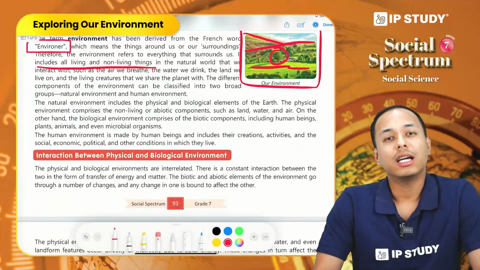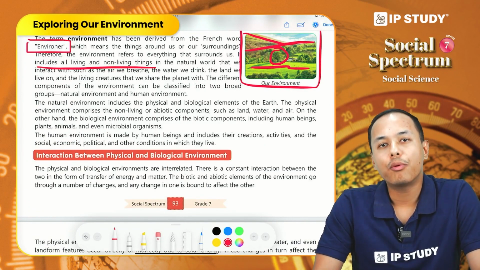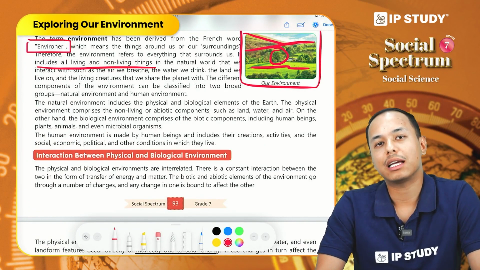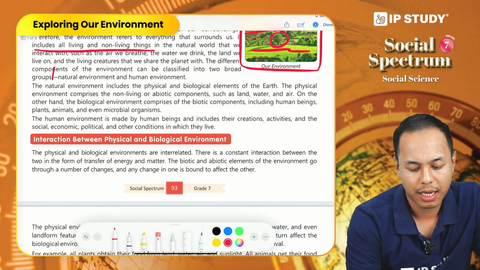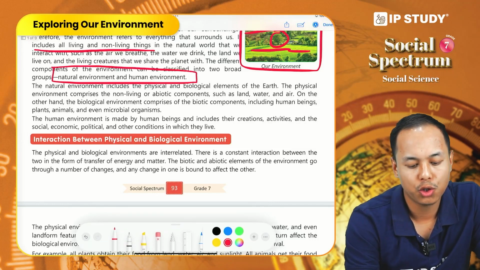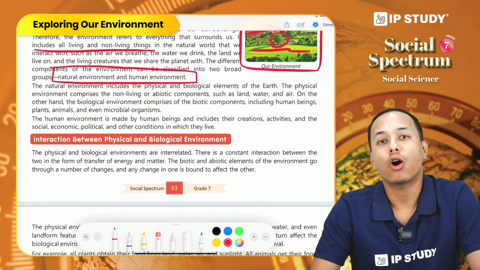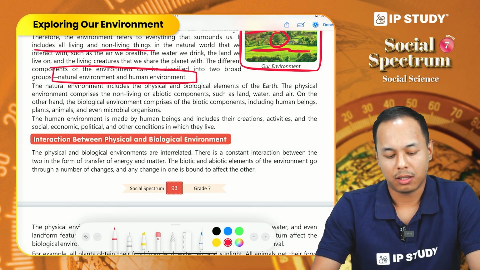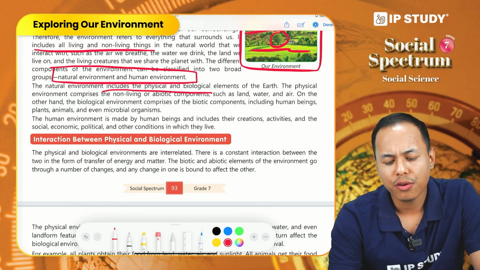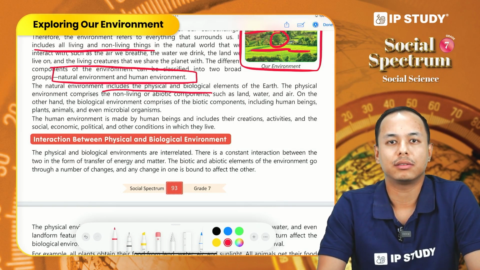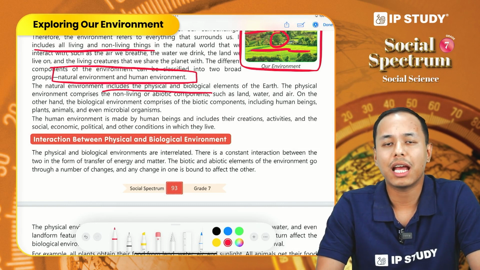There are different components of environment, which can be broadly classified into two types: natural environment and human environment. When we talk about natural environment, it includes physical and biological elements.